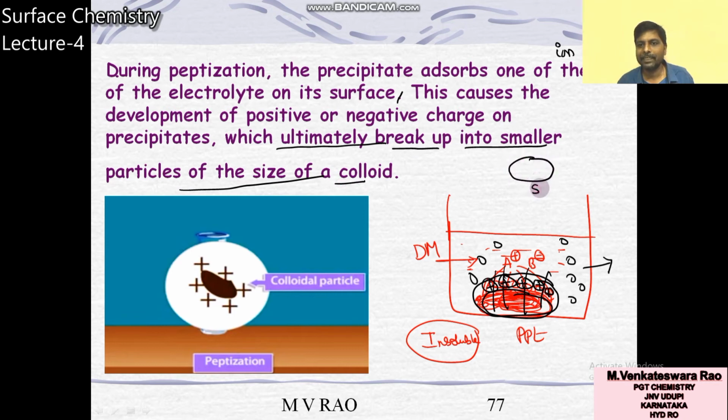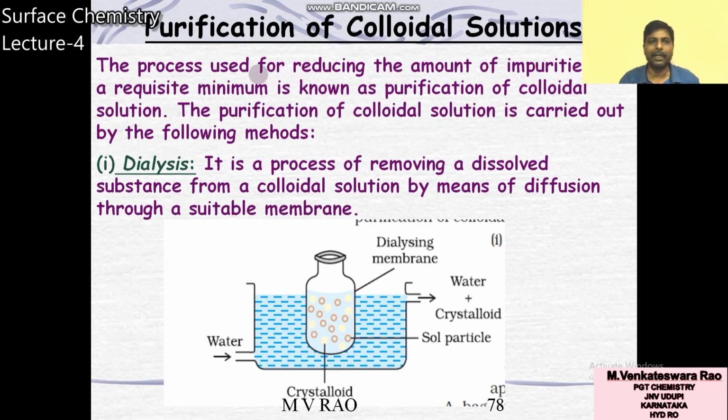Precipitate size is greater than the size of a colloidal particle. This precipitate's size further increases because of adsorption. After that it will split and give particles of colloidal size. This method is the peptization method, the third method. So with this, the 3 methods of preparation are completed.